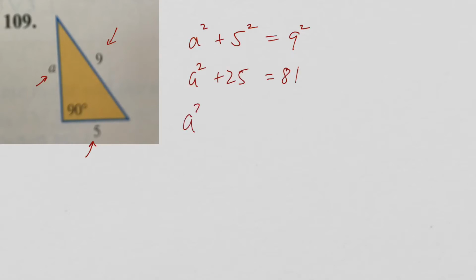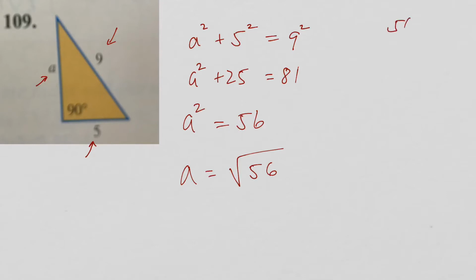Okay, our legs are the 5 and the a. So a squared plus 5 squared is equal to, there's our hypotenuse. So a squared plus 25 is equal to 81. So a squared is equal to 81 minus 25, which is 56. So a is equal to the square root of 56.